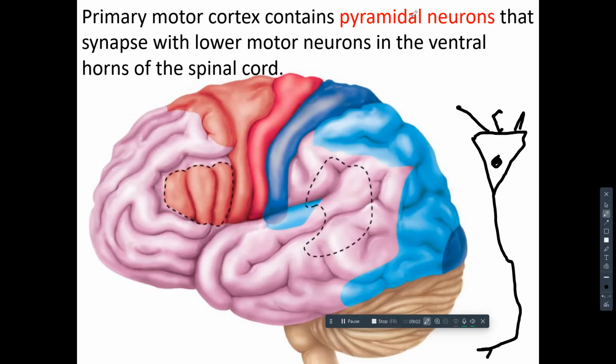And because the neurons are triangular in shape, they are called the pyramidal neurons. They're going to come down into the spinal cord. They're going to hit lower motor neurons, which are found in the ventral horn of the spinal cord. So the pyramidal neurons are where we initiate the signal that's going to ultimately cause contraction of skeletal muscle and movement of the body.